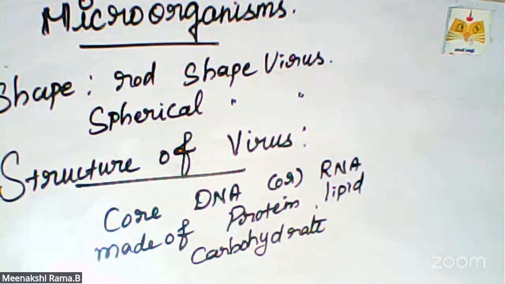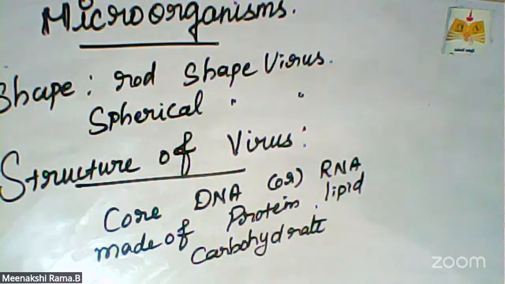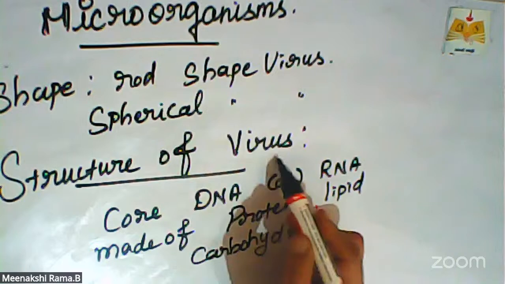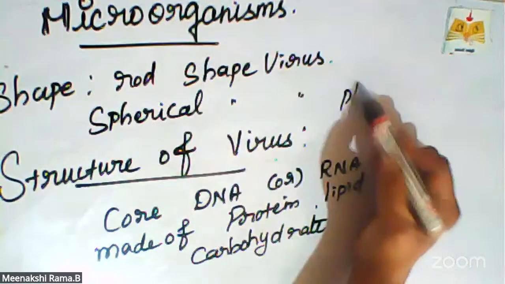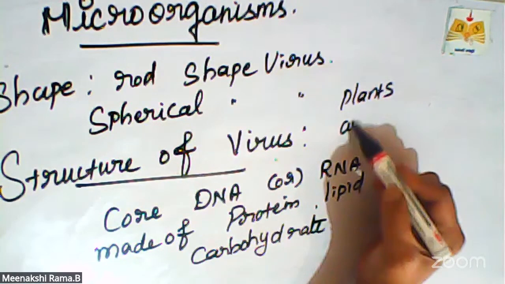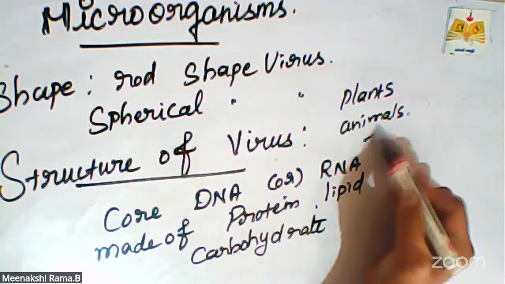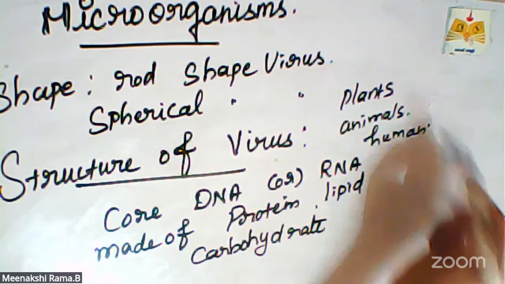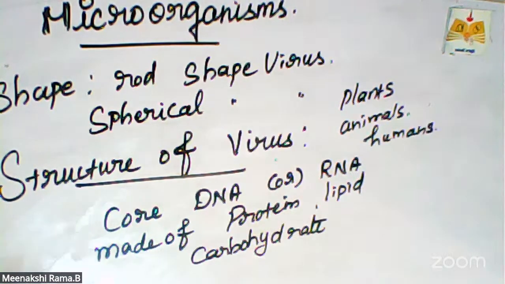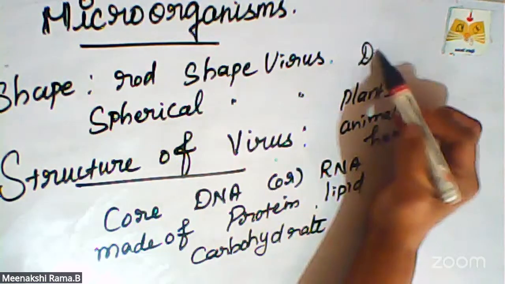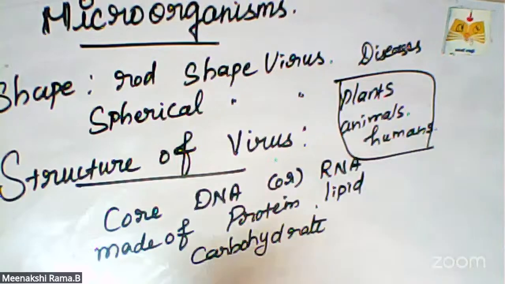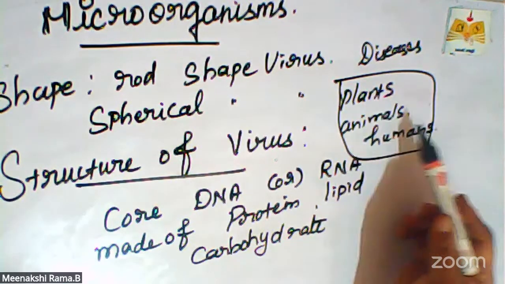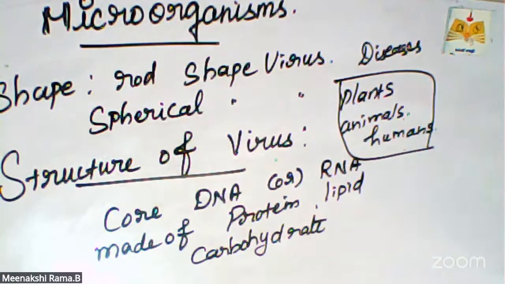Viruses cause many diseases to plants, animals, and human beings. Viruses create different kinds of diseases for these three categories of living things: plants, animals, and humans.